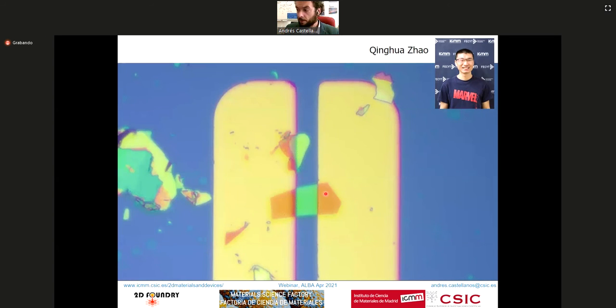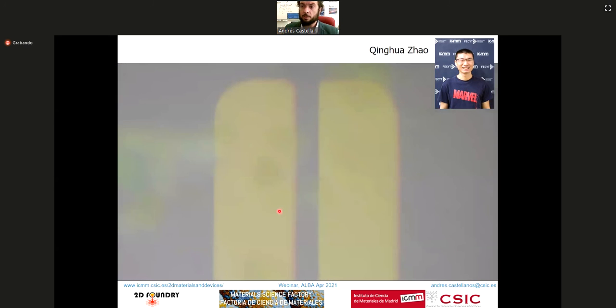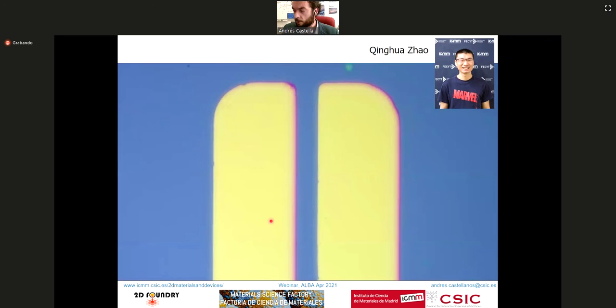Like in this example here, we have two electrodes of gold on a silicon oxide substrate, and we are transferring a flake of indium selenide bridging these two electrodes. You can see it here. And this technique allows us to fabricate these very simple photodetector devices with almost no cost.